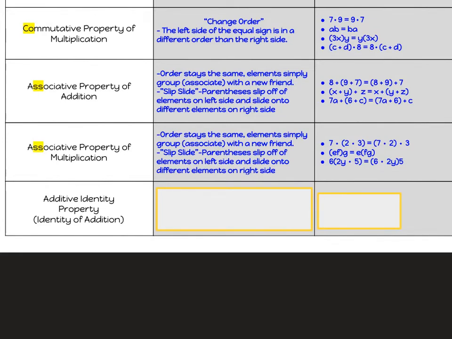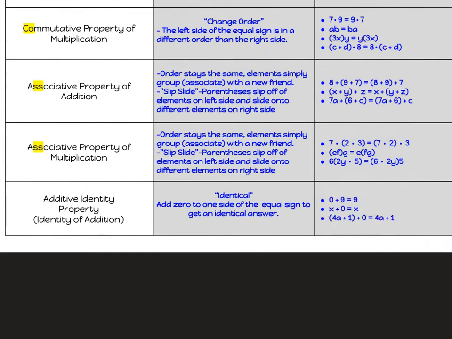With the additive version, the addition version, we are going to add 0 to one side of the equal sign in order to get an identical answer. So let's go ahead and look at some of our examples. It may seem pretty self-explanatory. It'll be a little bit different when we're dealing with multiplication, but adding 0 to one side of the equal sign will give you an identical answer.